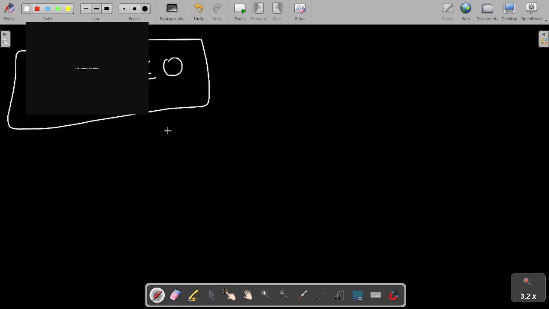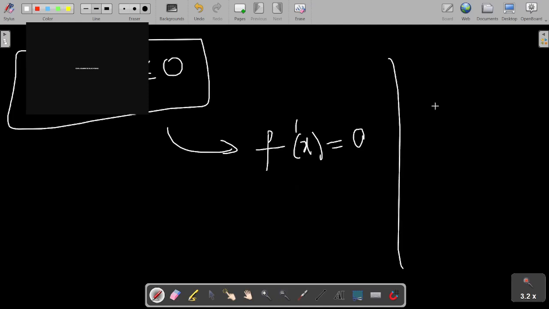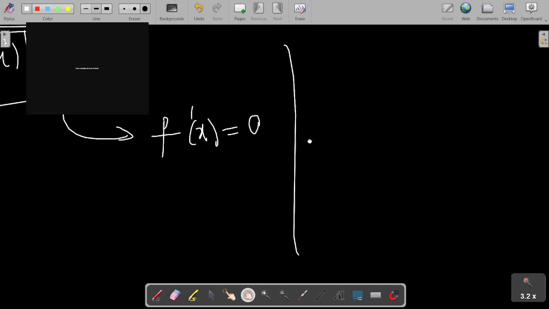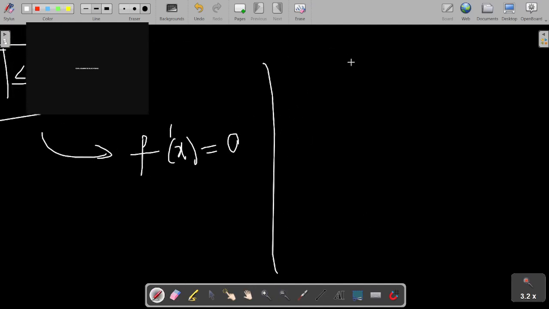We can conclude one thing with this. If f dash of x is equal to 0, then what comes 0 when we take the derivative of a thing?